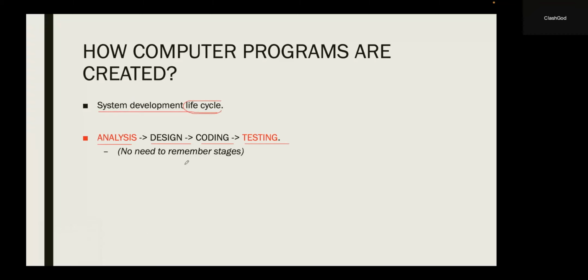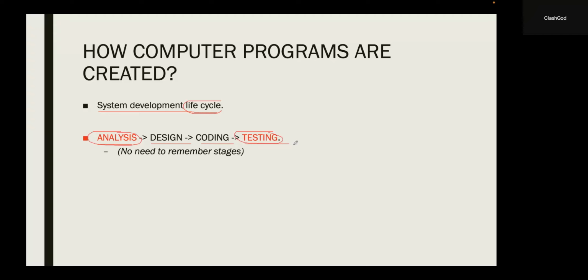Now, there is no need for you to remember these stages. Just keep in mind that we go through each stage in order to create a computer program. Now, in this chapter, we're going to look specifically at the analysis and testing stages. These are 2 of the most important stages, and there will be some key concepts inside that you will need to remember.